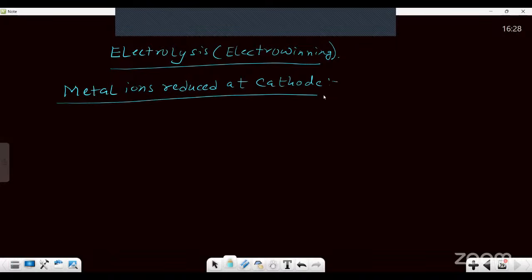So you have Zn2+. It is basically taking up two electrons, for example, getting converted into zinc. So this very pure metal is obtained basically.